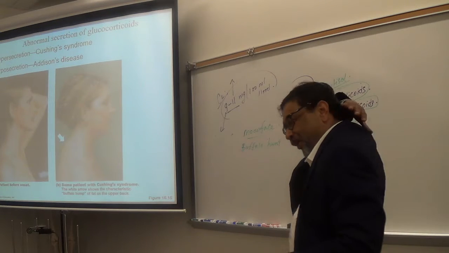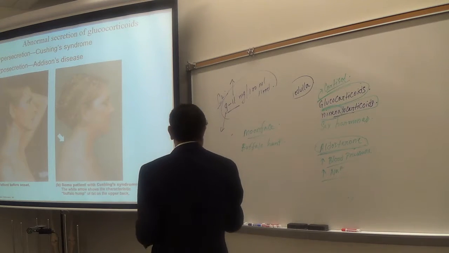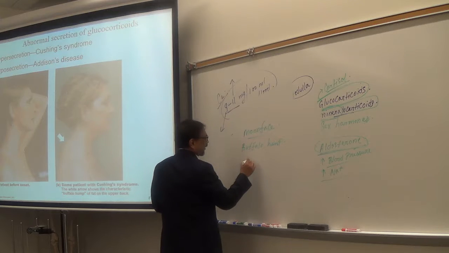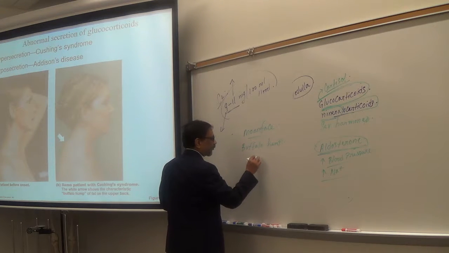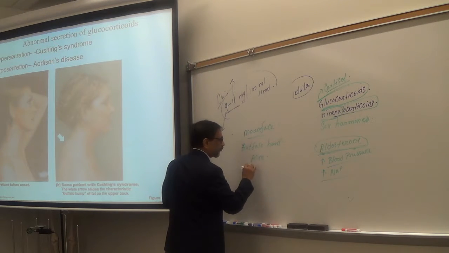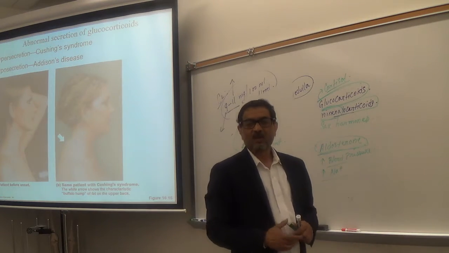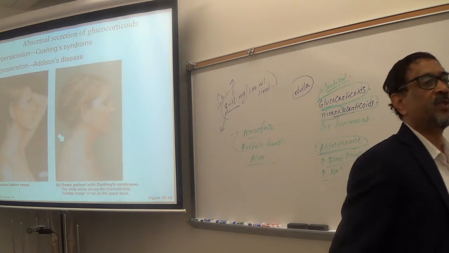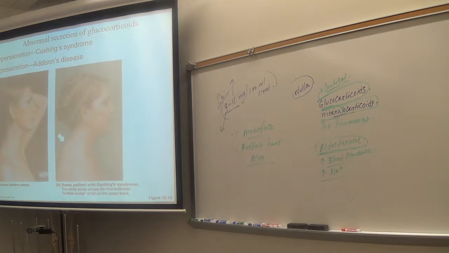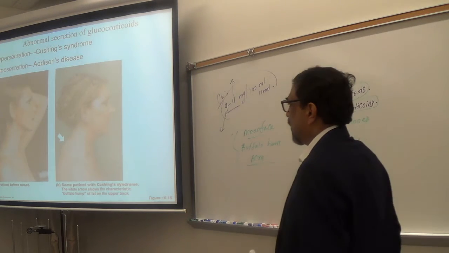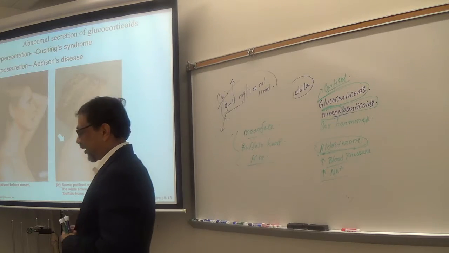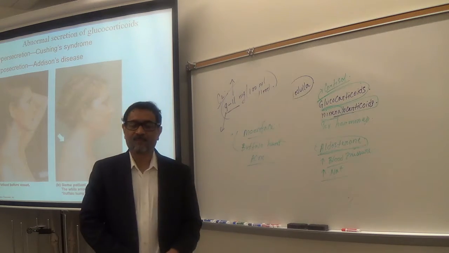Okay, so that is another sign. And acne, pigmentation in the skin. Make sense? So those three are common signs of Cushing syndrome due to hypersecretion of glucocorticoids.